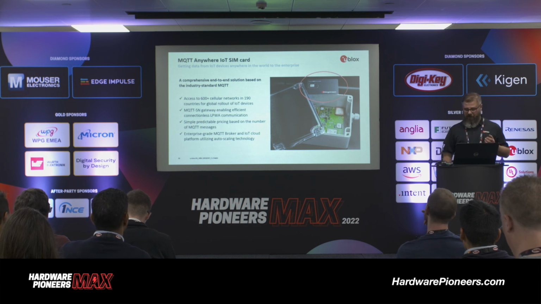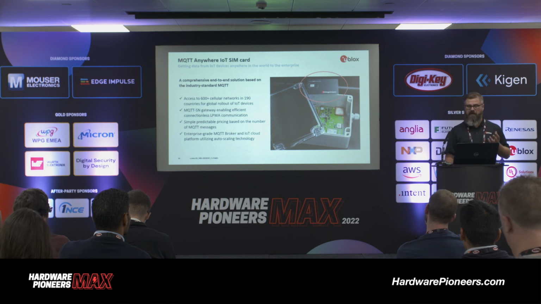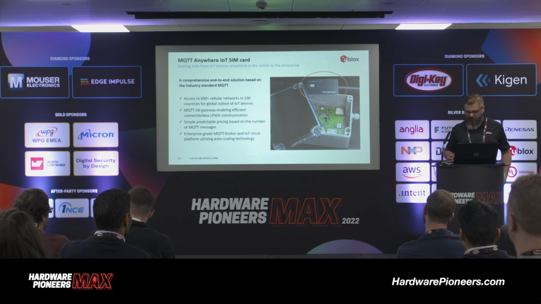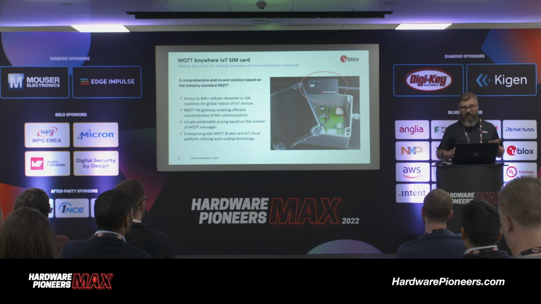With that, you also get predictable pricing, which, unlike a lot of solutions, isn't based on the amount of data you send, a cost that can escalate. Instead, we charge per message, and we bill by the number of messages sent per month. With this, the customer has complete visibility and predictability where cost is concerned.